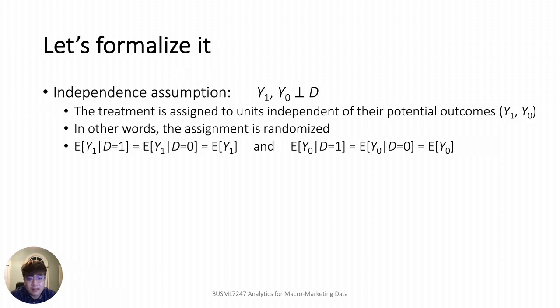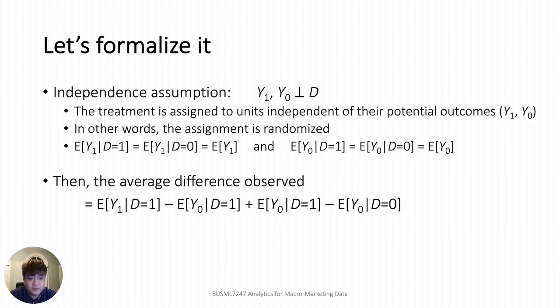If that's the case, the conditional expectation of the potential outcome is the same regardless of the assignment, the value D, and it becomes the same as the unconditional expectation of the potential outcome. Under the independence assumption, the average difference observed in data becomes the unbiased estimate of the theoretical causal effect.